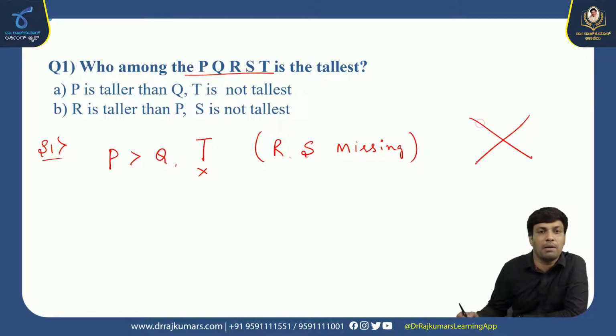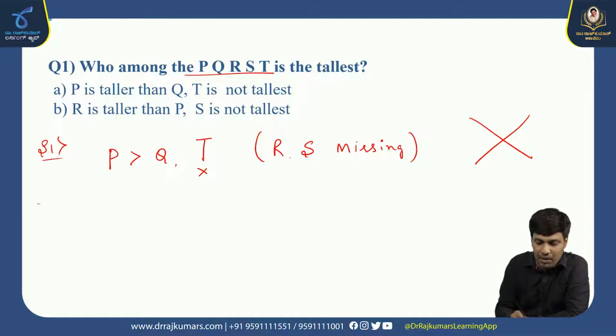Statement 1 is not sufficient to say who is tallest because only 3 parameters are given, and we have been asked to find the tallest from 5 parameters. In such cases, we can't conclude who is the tallest. With the missing parameters, we can straight away cancel the above statement as not sufficient.